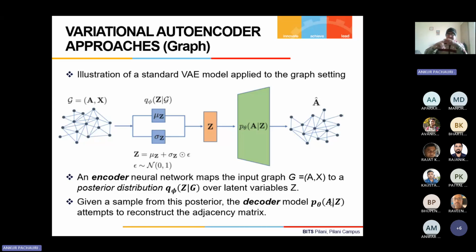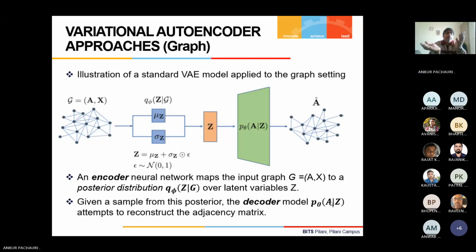Here also the same thing. Latent space will be defined based on the latent variable. So what all possible values a latent variable can have will be called the latent space. So latent space is directly related to the latent variable.